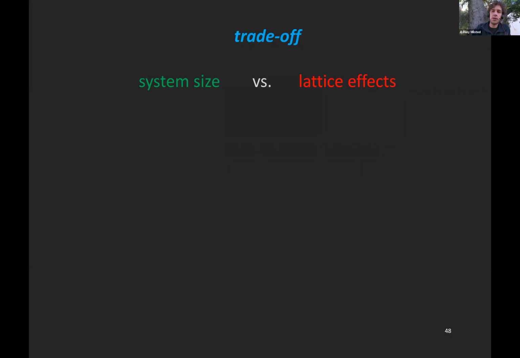We've seen that in order to avoid lattice effects like block oscillations, you might need to get fairly close to the continuum limit, like to the critical point of the spin chain in this case, which means in order to get stable wave packets that don't spread out too much as your simulation proceeds, you might need to make them quite large. So there's a trade-off between system size and the extent to which you see lattice effects.